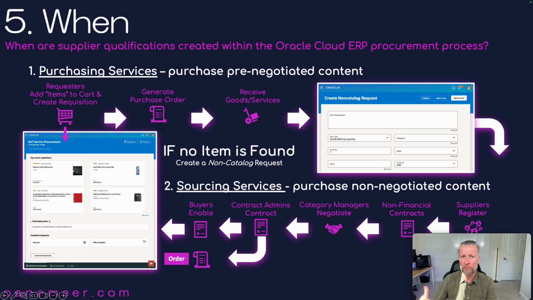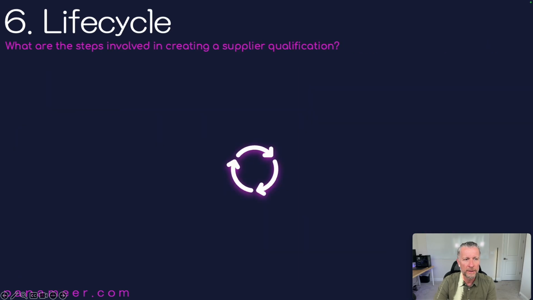And that means you may register the supplier. If you're registering a new supplier, particularly if it's government, you may qualify that supplier. Then of course you may source, contract for the purchase, and then finally either catalog, so you do have pre-negotiated content, or go straight to a purchase order. So obviously this would be in the first step of the sourcing services process where you would qualify the supplier.